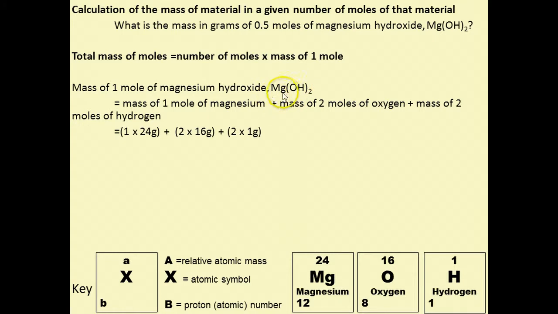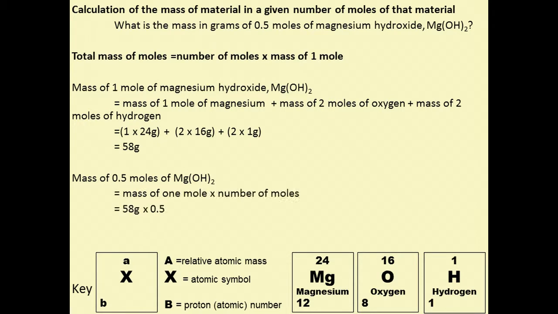I sometimes find it easier to do, if I've got the correct sort of calculator, 24 plus open brackets, 16 plus 1 close brackets times 2, rather than doing it like I've done it here. Next stage, we've got 0.5 moles, so it's going to be 58 times 0.5, giving us a total mass of 29 grams.